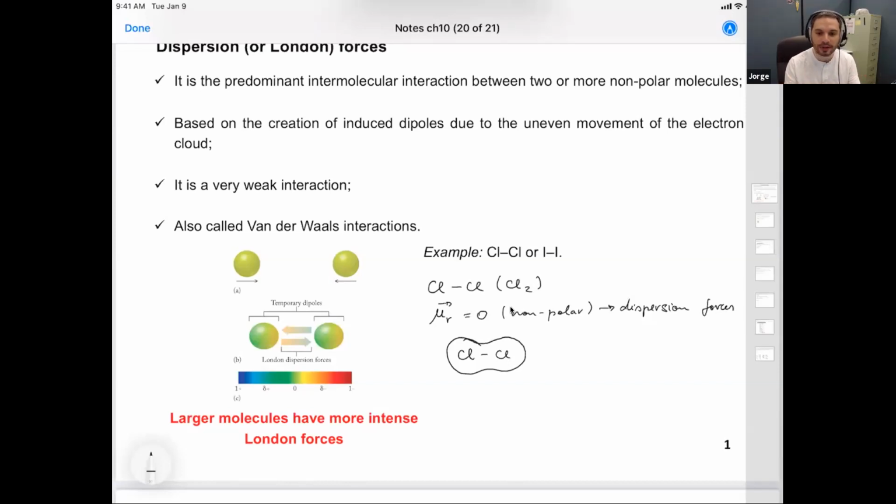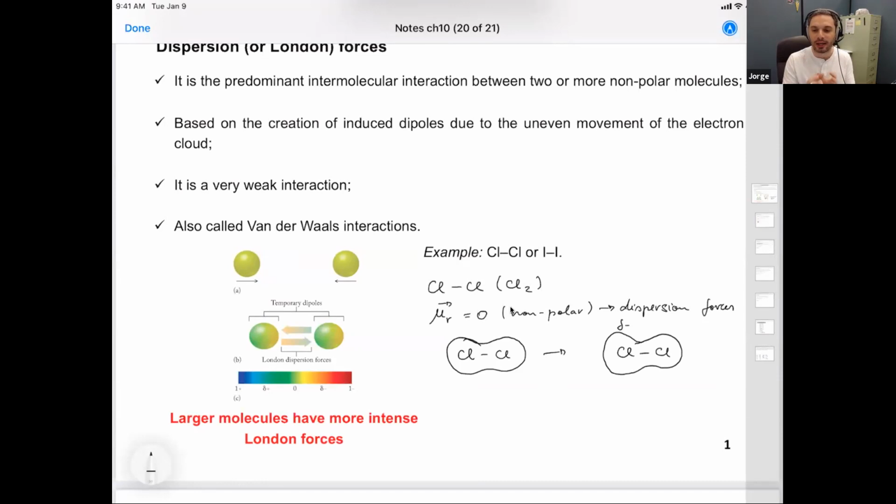So although they have the same electronegativity, in a split amount of time, this electron cloud is shifted towards either the left side or the right side. So this shift in the electron cloud will create a very, very small dipole moment. So we can have something like that. Okay. So in a given moment, we have an accumulation of electron cloud in the chlorine on the left side, and that creates a very tiny dipole moment.